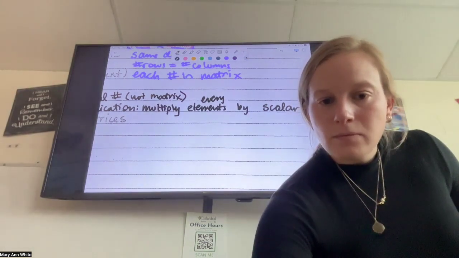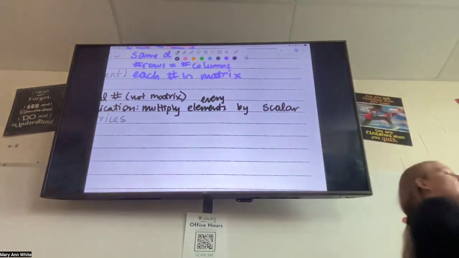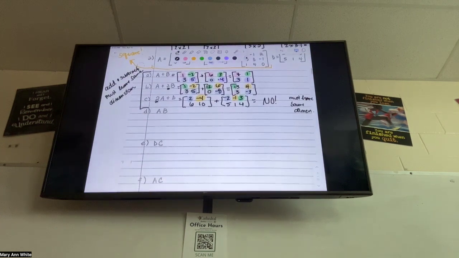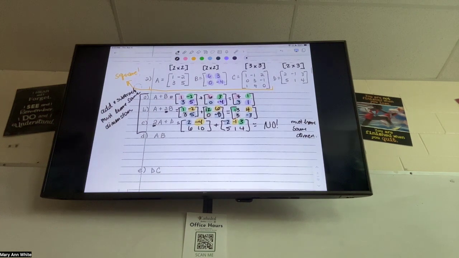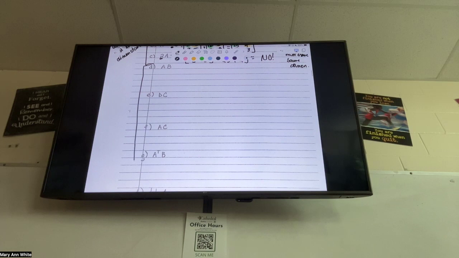Okay, so now when we come down to multiplication, they don't have to have the same dimension. They have to have something in common though. The number of columns in the first matrix must be the same as the number of rows in the second matrix. Okay, so I'm gonna write that right here.